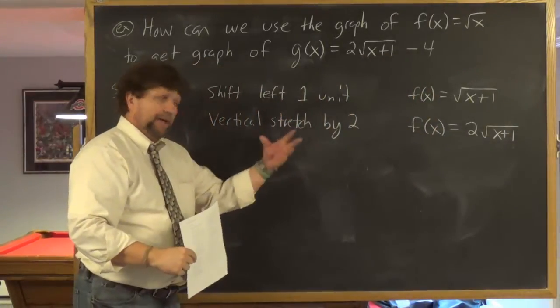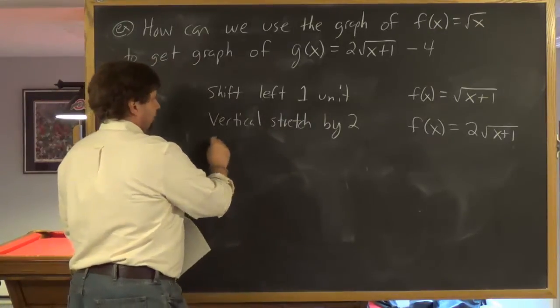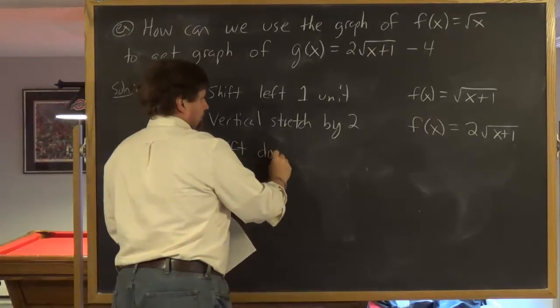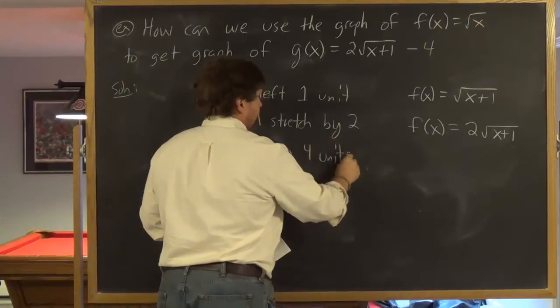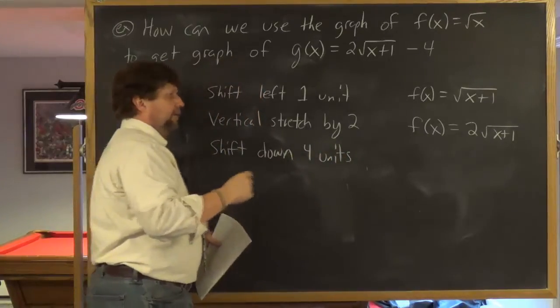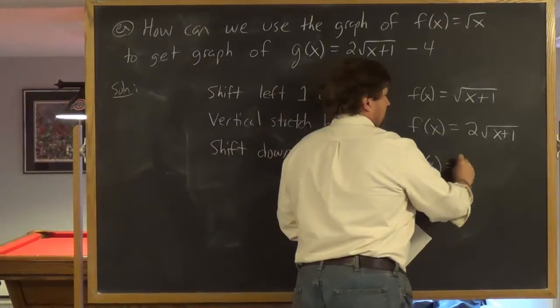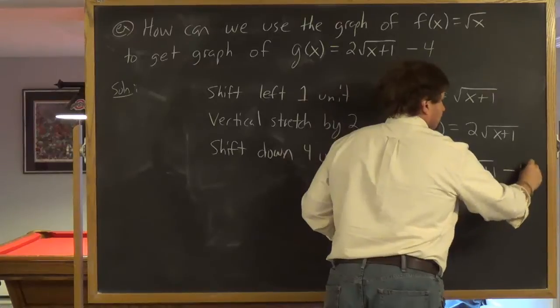Now I do my final step here and shift vertically down 4 units. That would now give me the graph of 2 times square root of (x plus 1) minus 4.